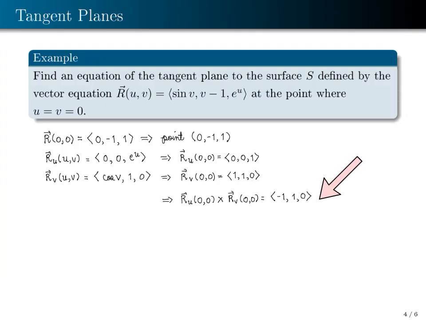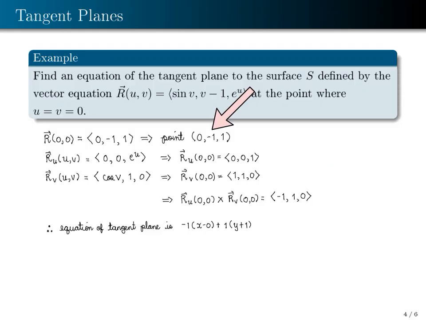Finally, since (-1, 1, 0) is a vector that is normal to the tangent plane, and (0, -1, 1) is a point on the tangent plane, we obtain an equation of the tangent plane to be negative 1 times (x minus 0) plus 1 times (y plus 1) plus 0 times (z minus 1) equals 0, which when simplified is minus x plus y plus 1 equals 0.